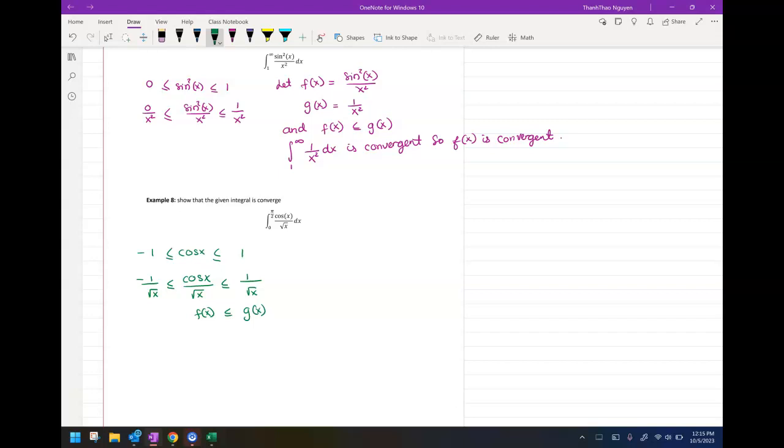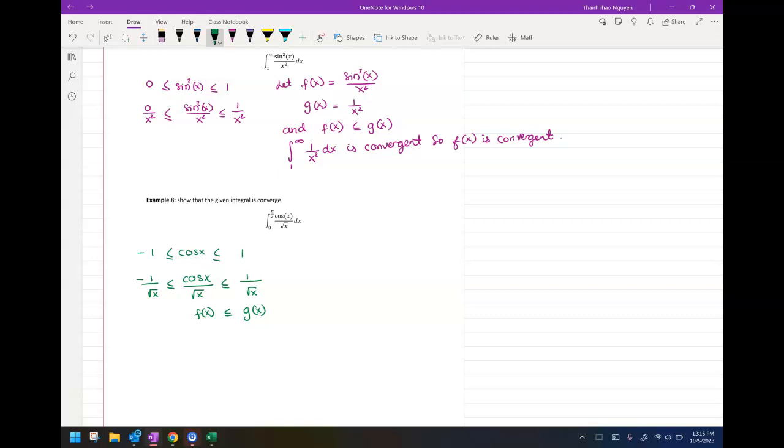And we're looking at the integral from 0 to pi over 2, where square root of x is a positive number. So here we get f of x is less than g of x. Okay, so we can guarantee that.